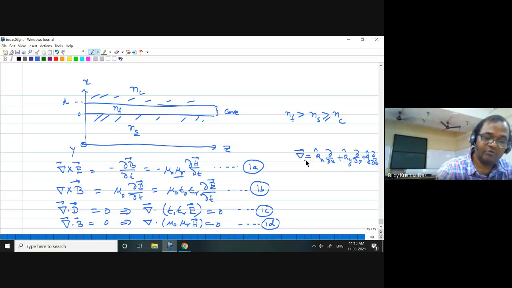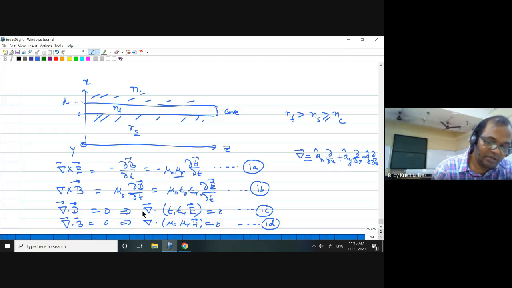That means you have an x-directional partial derivative, a y-directional partial derivative, and divergence of D means you can imagine that you are taking a derivative on another vector. So it is not at all a good idea to take epsilon r out of the divergence, because that can vary with space.